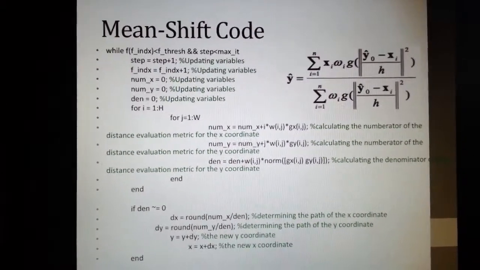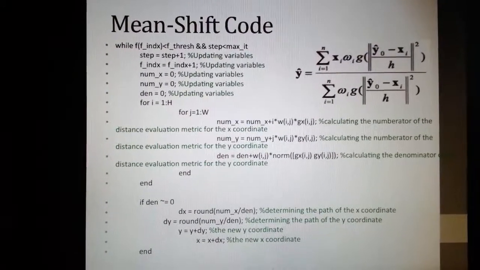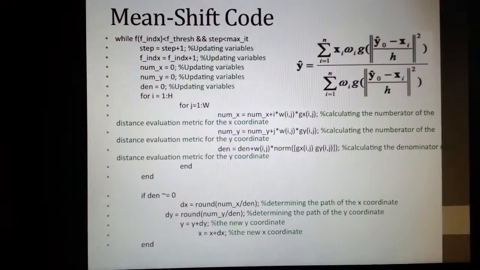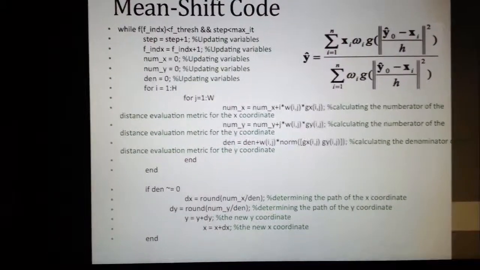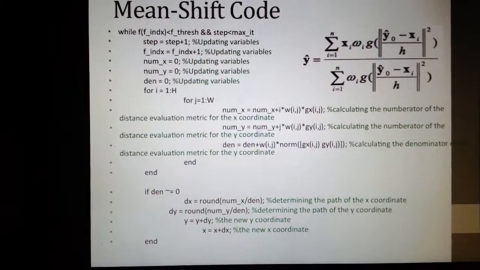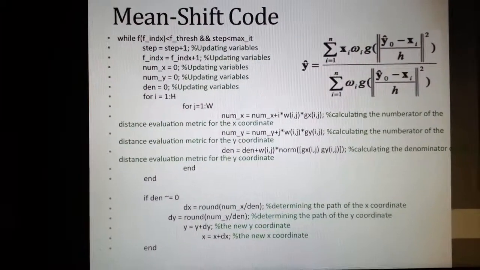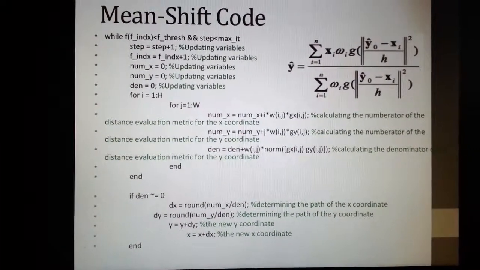The beginning of this section is just a bunch of variables being updated, but when we get to the for loops, this is where you can see the summations happening for the calculations of the new positions. As you see, this section is the same as the equation shown on the previous slide, or as you can see in the top right corner.